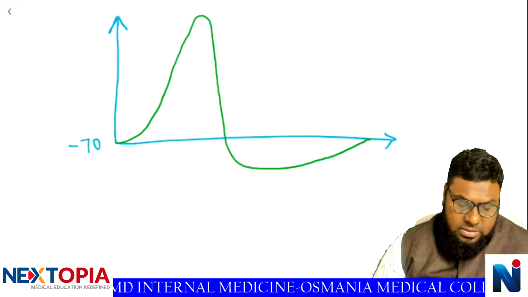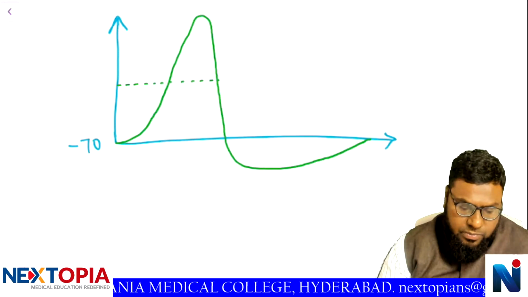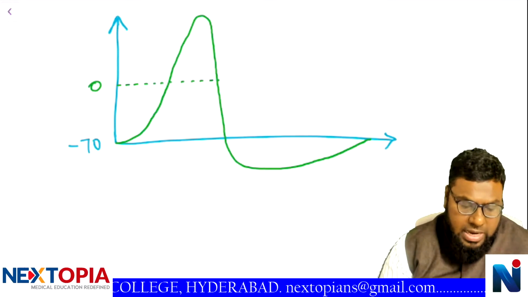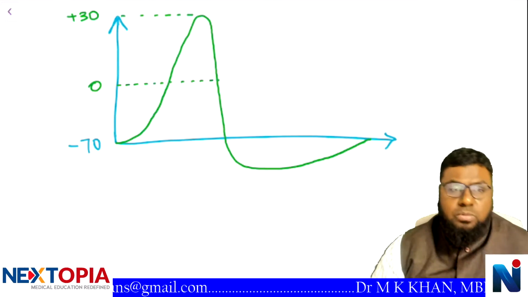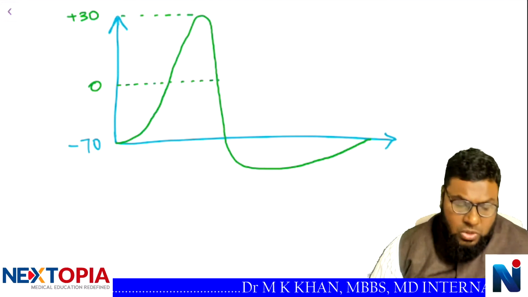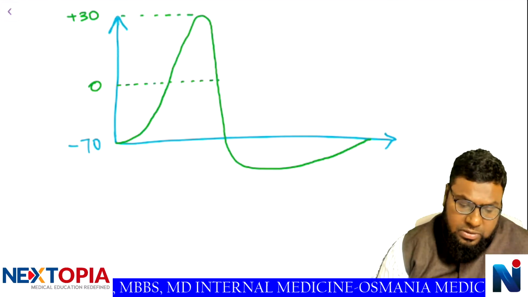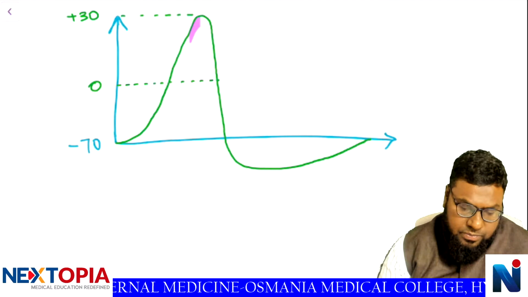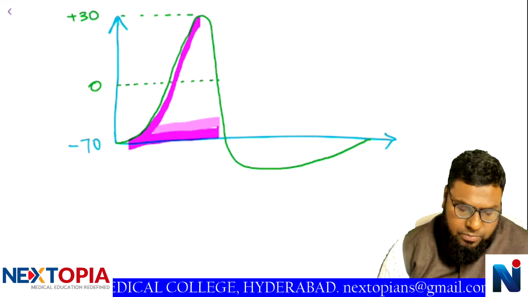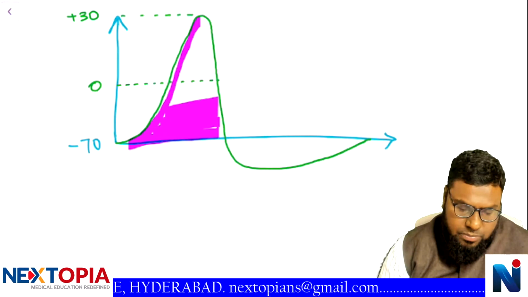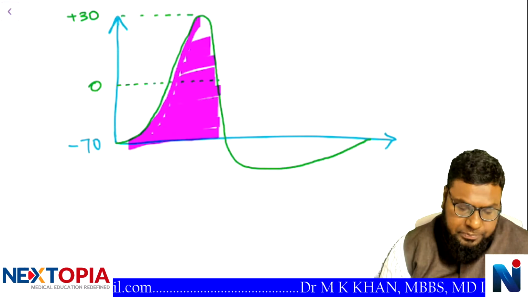In this phase, as you can see, say suppose this is 0 and this is +30 millivolts of potential difference. So the first half, this part, I'll shade it in pink.